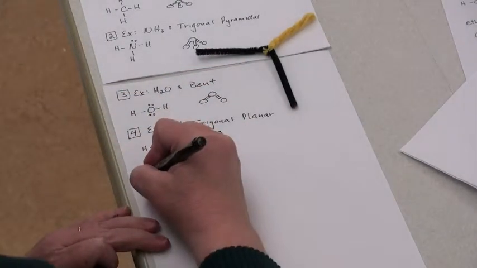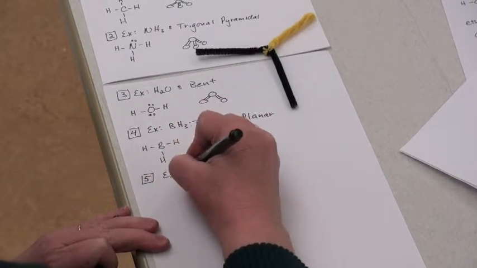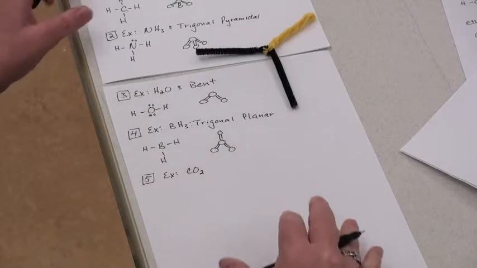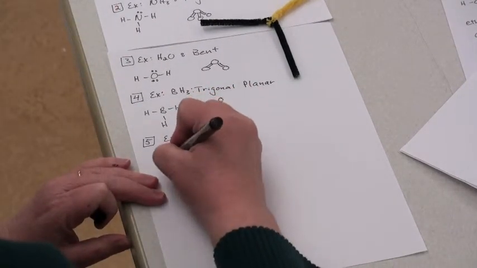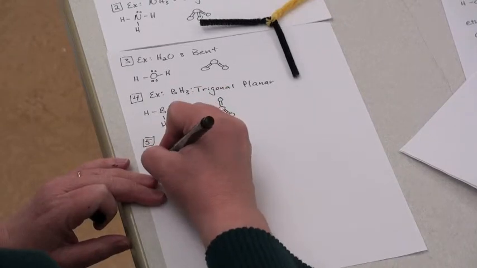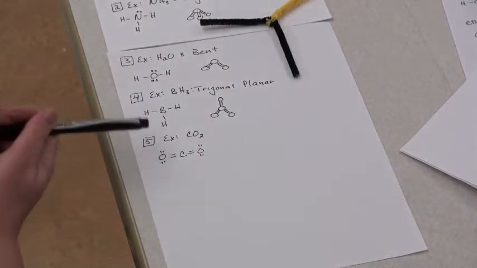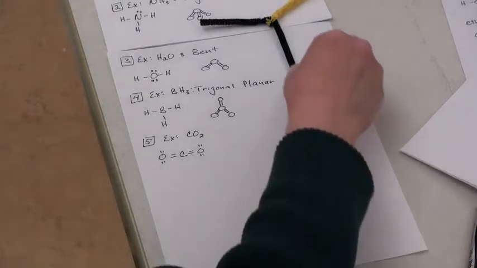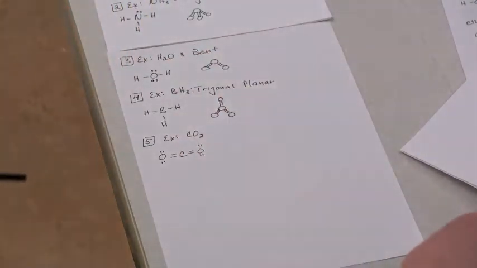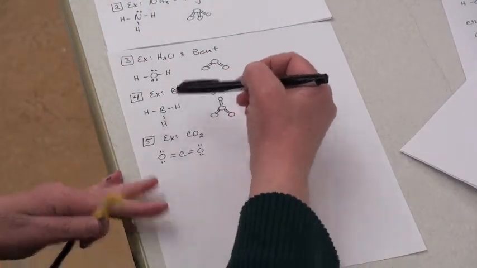And then the last shape, we'll use as an example carbon dioxide. Now when you do the Lewis structure for it, carbon needs to double bond with each one of the oxygens, which means that now they all have 8 valence electrons, but carbon does not have any lone pairs in the middle. So there's nothing pushing on the bonds, just like there was nothing pushing on these bonds.